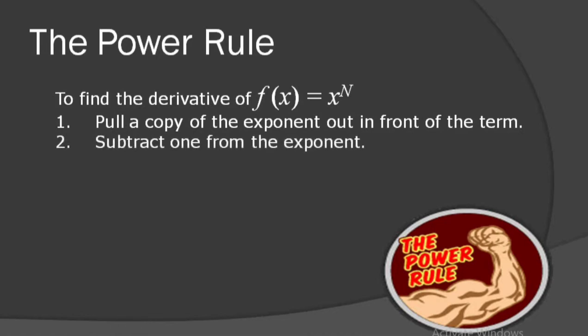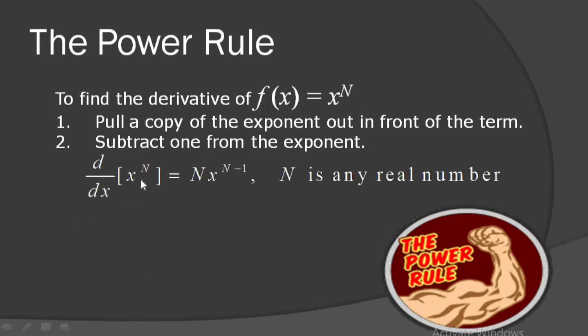The second step is to subtract 1 from the exponent. Now the derivative of x raised to n with respect to x: using the first step, we write the exponent of x in front, then write x, and using the second step, we subtract 1 from the exponent. So we get n times x raised to n minus 1, where n is a real number. Derivative of x with respect to x is 1.